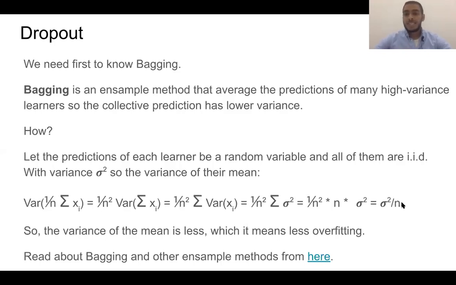So the variance of the mean is less, which means less overfitting, which means better generalization. There is more about bagging if you want to know, for example the bootstrapping step before the training of the learners. But this is out of the scope of this lecture, though it's really recommended to be read after the lecture.